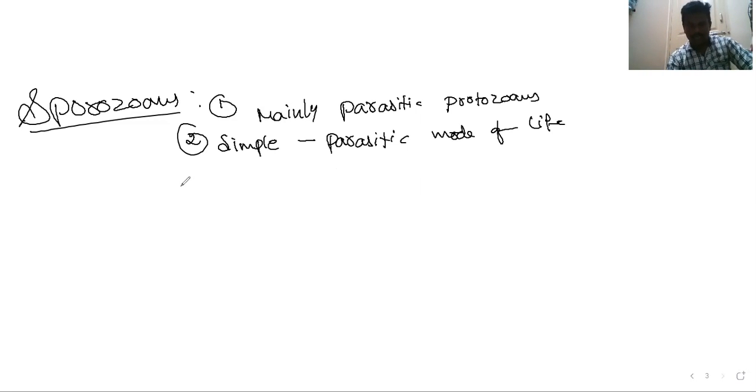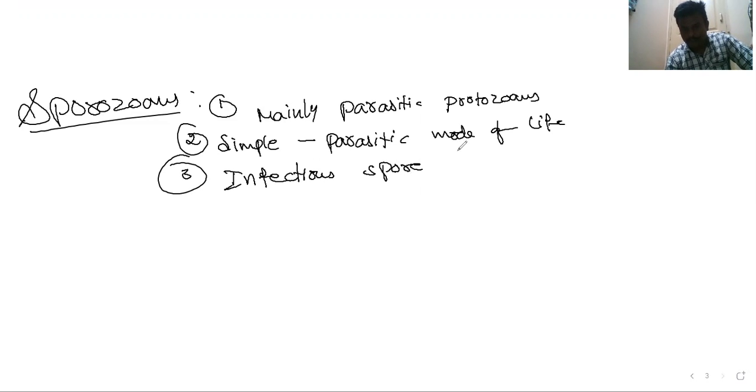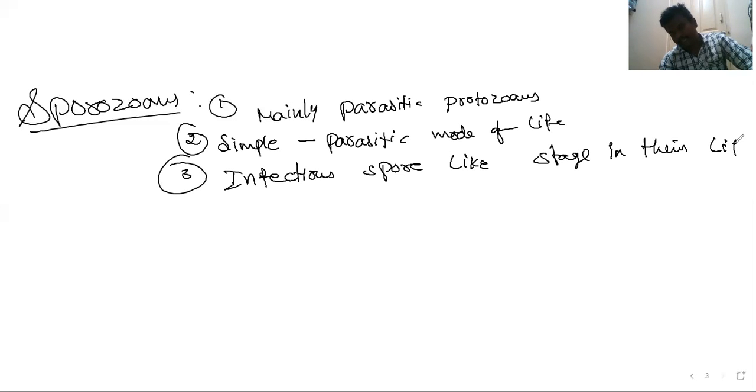Next, they have an infectious spore-like stage in their life cycle. Sporozoans produce a spore-like structure, and the spore is the infective stage.